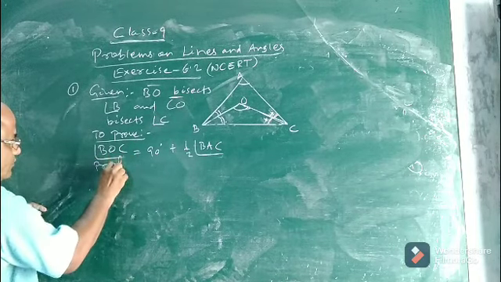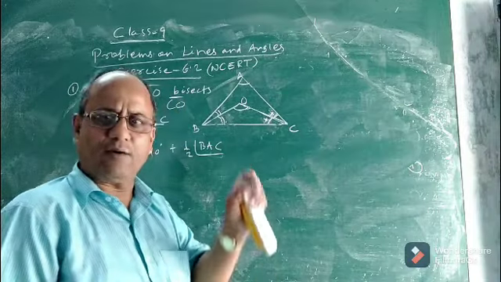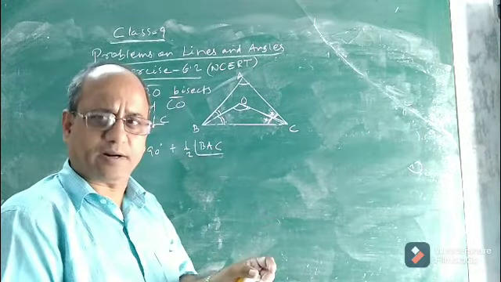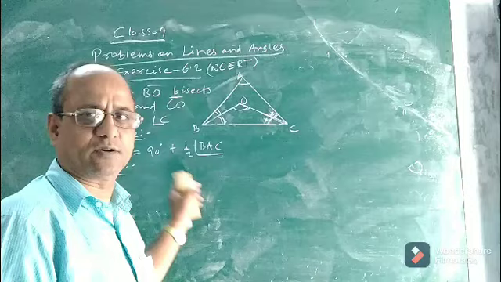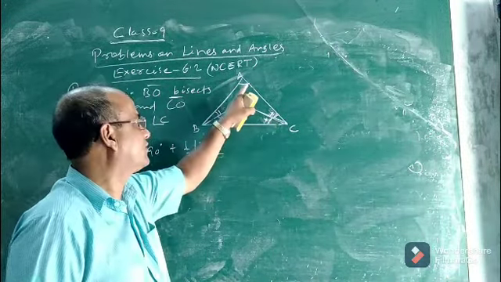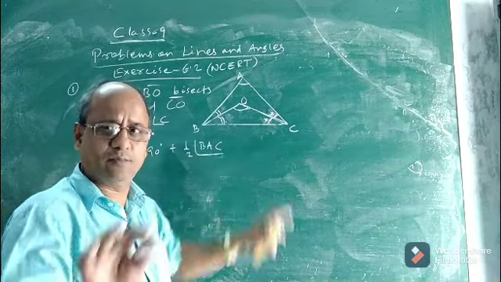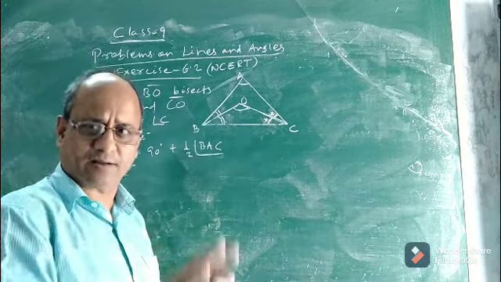We have already discussed the angle sum property of triangle. Let us apply that concept here. Since ABC is a triangle, angle BAC plus angle ABC plus angle ACB will be equal to 180 degree by angle sum property.